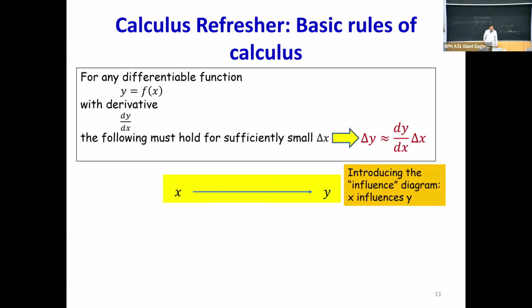So you can say x influences y. And any perturbation in x is going to result in a perturbation in y. This is a standard graph notation, which tells you that delta y equals dy over dx times delta x.